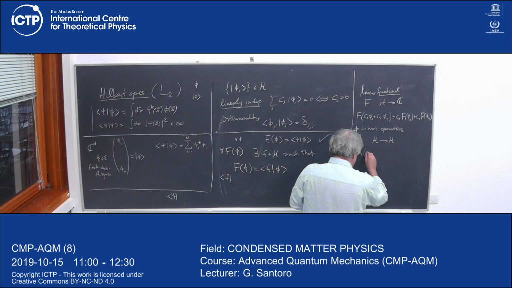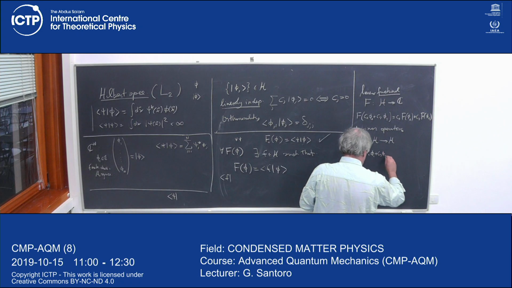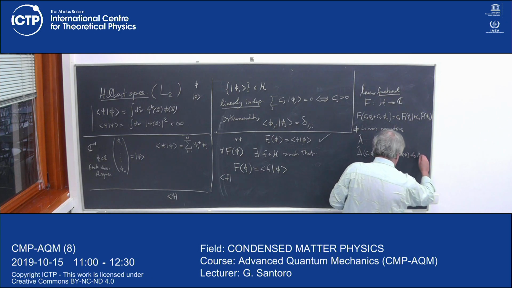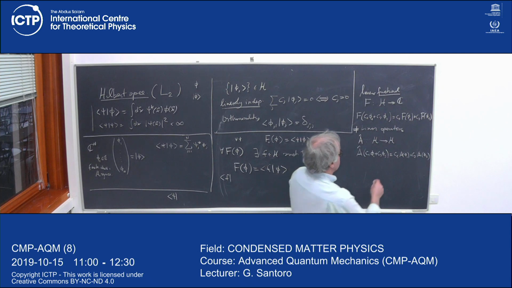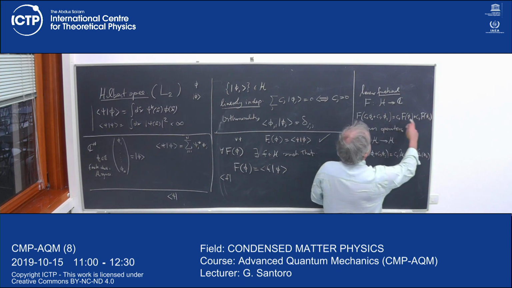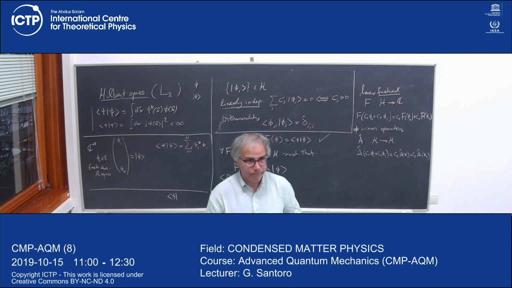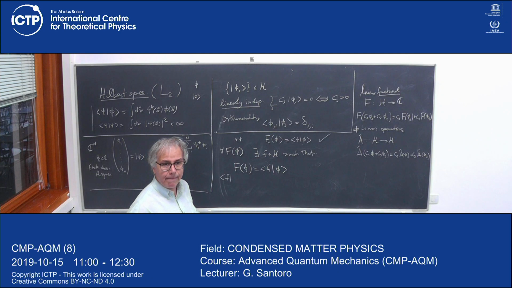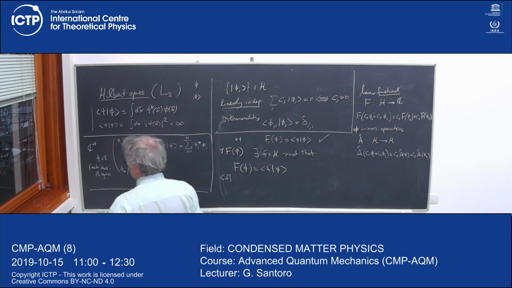So A applied to c1 phi1 plus c2 phi2 is indeed c1 A phi1 plus c2 A phi2. But hopefully the distinction is clear. These are vectors in the Hilbert space. These are numbers. Good. So far it's clear?